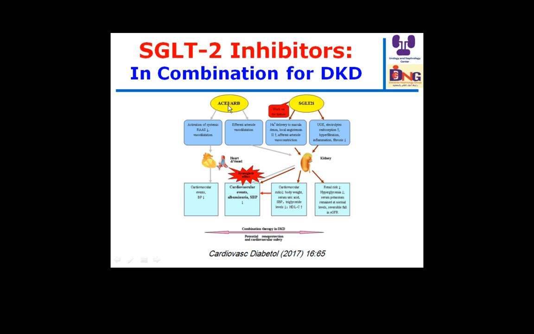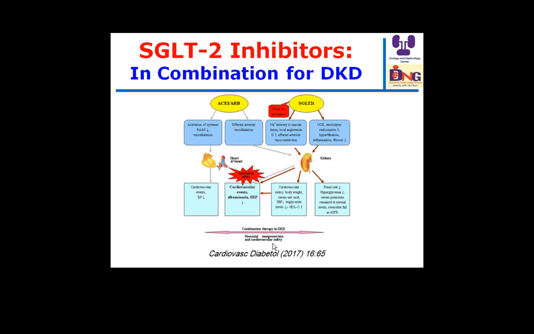And the use of ACE inhibitors and ARBs adds their effects on the hemodynamics. So at the end of the day, you will find both cardiac and renal benefits through this combination therapy in diabetic kidney disease. It has potential advantages of renal protection and cardiovascular safety.